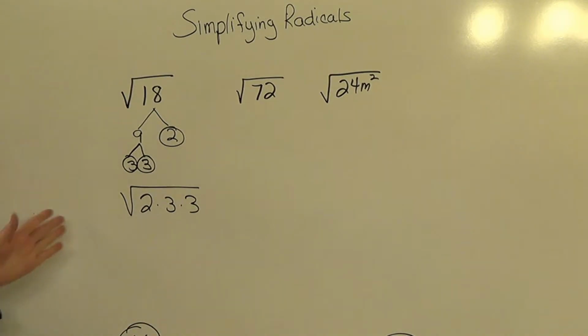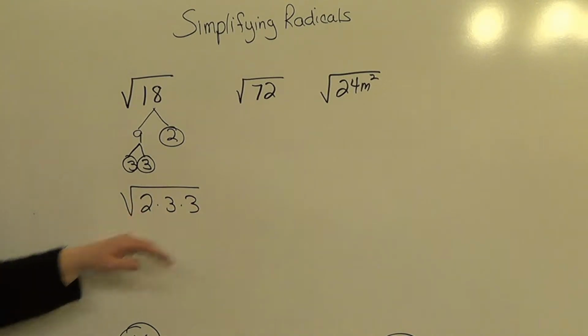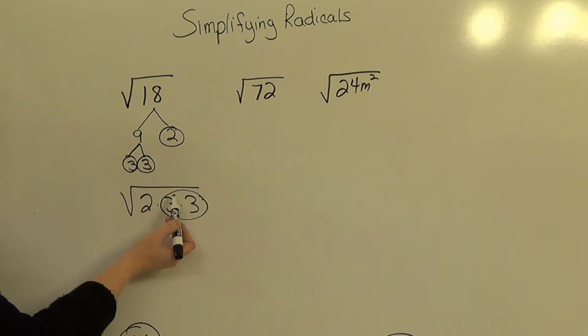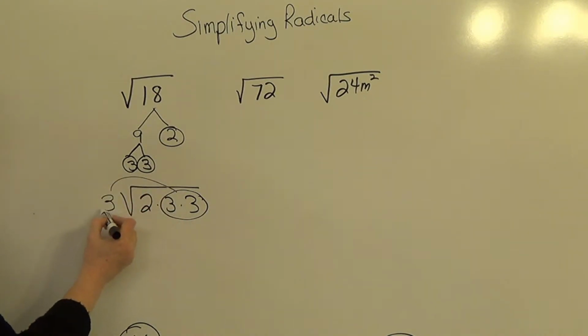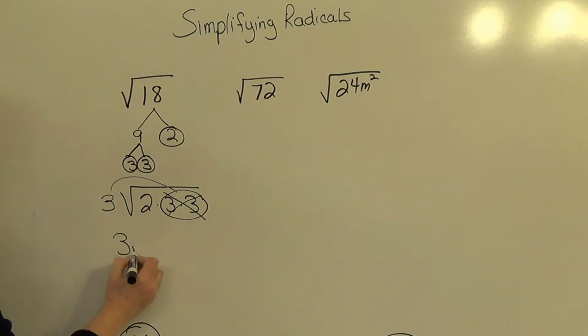Now, when you're taking the square root, if you find 2 of a kind under the radical, kind of like playing cards, if you find a pair, then one of them comes out. So these 3's come out as 1 3, and then you're left with the 2 by itself under the radical sign, and this is the answer, 3 square root of 2.